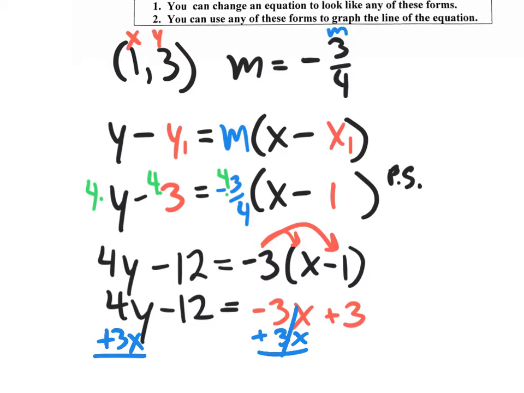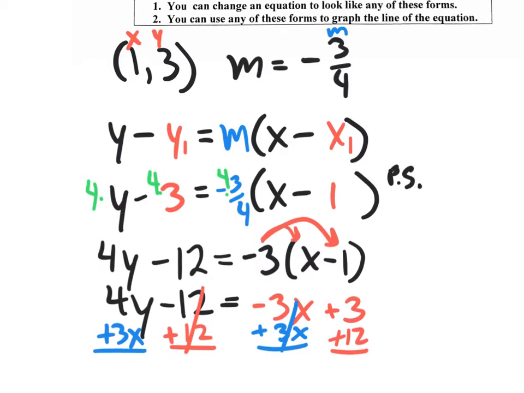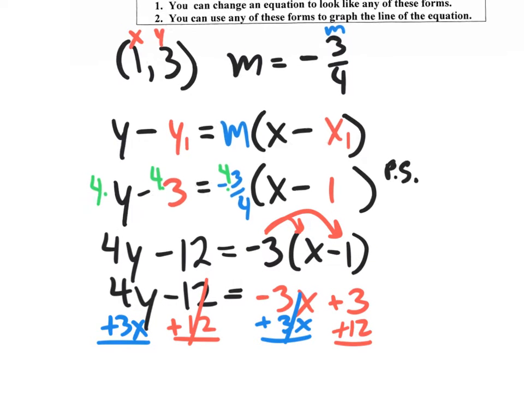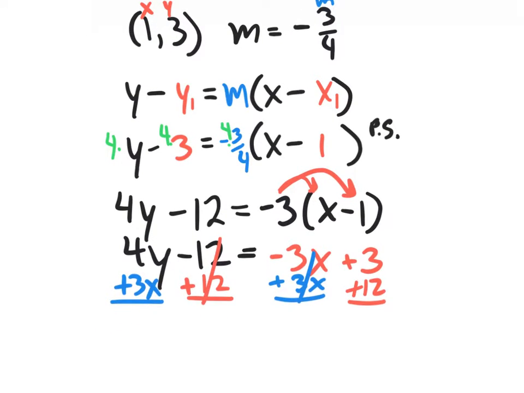I might as well do 2 steps in one right here. Plus 12 here and plus 12 over here. And then you would have it in standard form, which would be 3x plus 4y equals 15. So that would be your standard form equation.